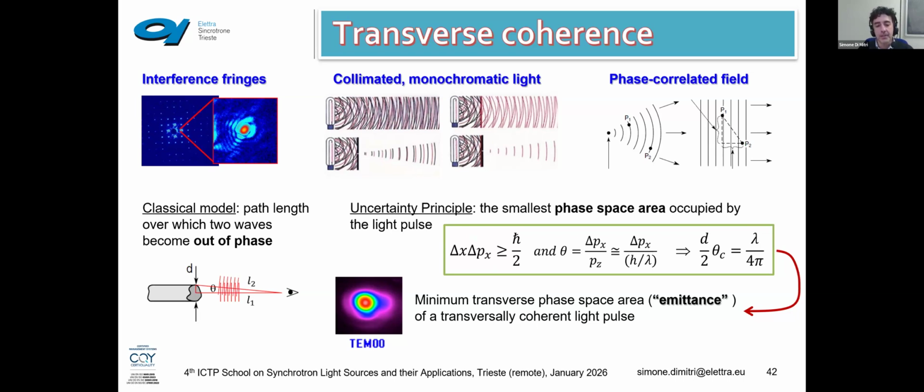Once the physical parameters of the light pulse, the wavelength, and of the electrons, the emittance, are correlated according to the diffraction limit, we are exploiting exactly the same physics. The fourth generation of synchrotron light sources is going to guarantee a degree of coherence at a given wavelength. It doesn't make any sense to specify a diffraction limit if you don't mention which wavelength you have in mind. So let's assume the soft X-rays.